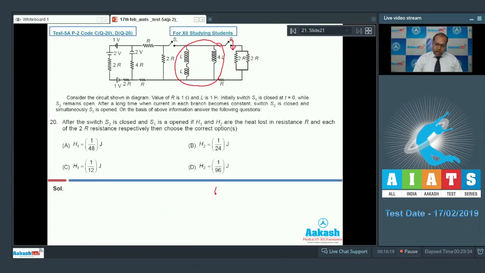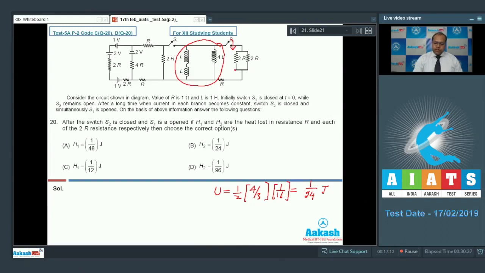So if I find the total energy stored initially at t equal to 0 in the steady state, that can be written as half L i square. L is 4 by 3 and I is I maximum, that is 1 by 4, whole square. So it comes out to be 1 by 16. If I solve this, it comes out to be 1 by 24 joule.